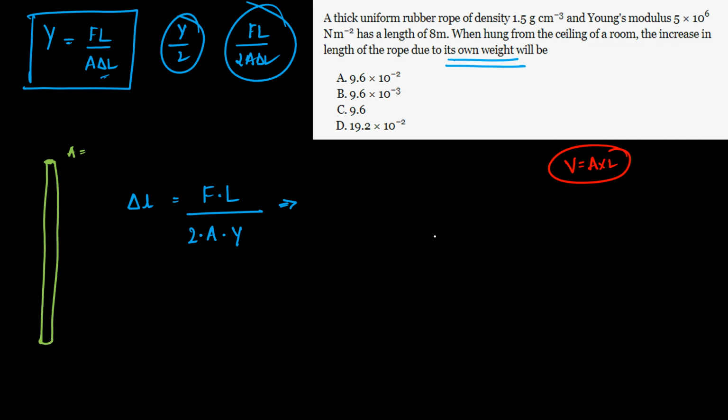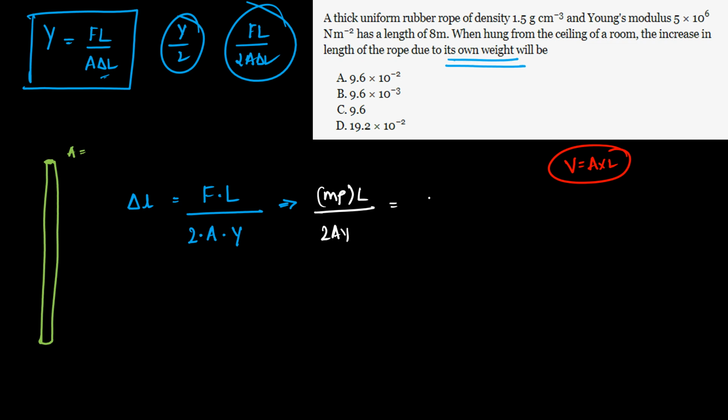I hope you are getting it, right? So I will introduce rho, that is your density. So I can write F as mg in this case. So it is going to be m as it is, and instead of that I will be plugging in rho and v, and this is your L divided by 2AY as it is.